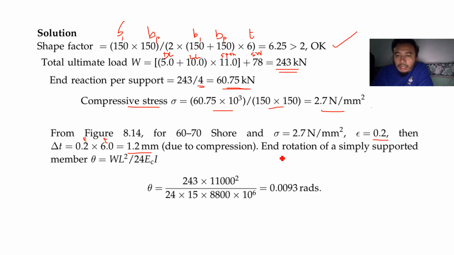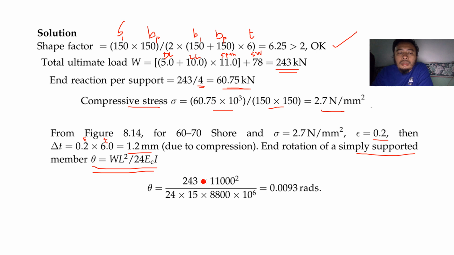So end rotation of a simply supported member. This is an equation that we have already learned in strength of mechanics. For a simply supported load with length of L, the modulus of elasticity for concrete is EC, and moment of inertia of I. So you get your theta here, your rotation.